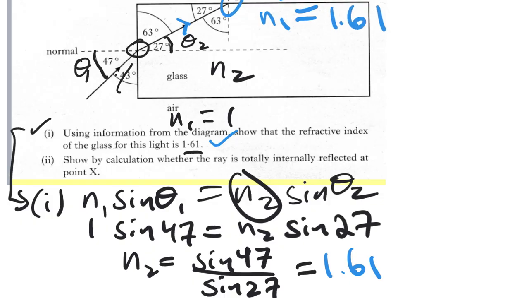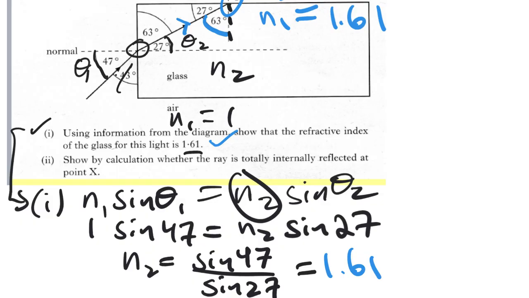Air's N is 1. Now, this is the critical angle. I'm sorry, that's the angle. No. Be careful. Okay, the angle from the normal, notice the normal is this guy right here because it's perpendicular to that boundary right there where the ray hits.